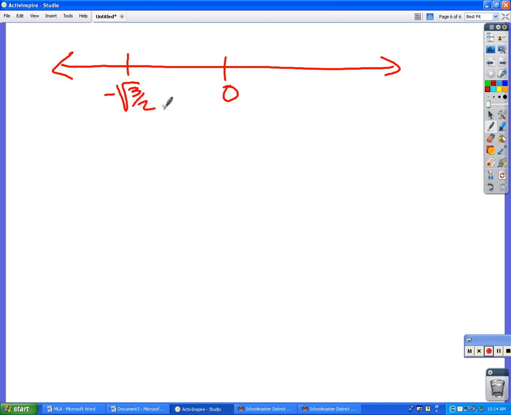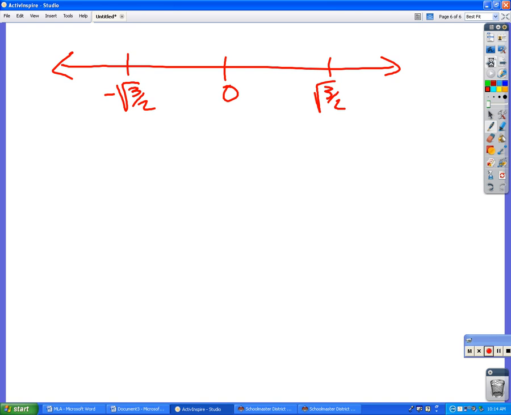All right, so we make a sign chart again. And this time we have 0, we have negative root 3 over 2, and we have positive root 3 over 2. Plug in 1, where is 1? Is it between 0 and root 3 over 2? Okay, so let's plug in 1.